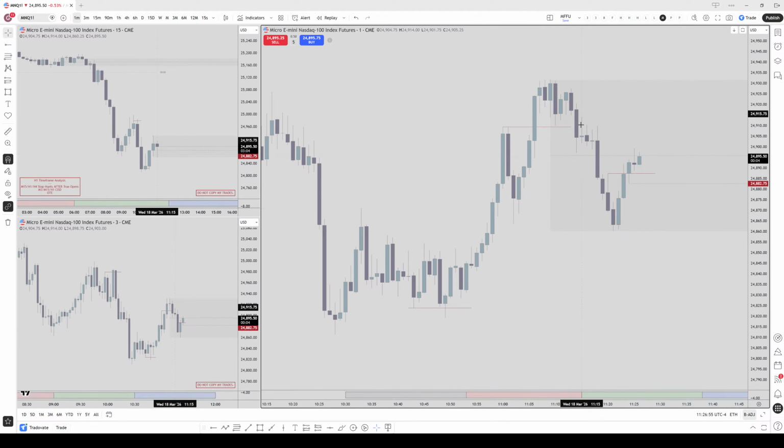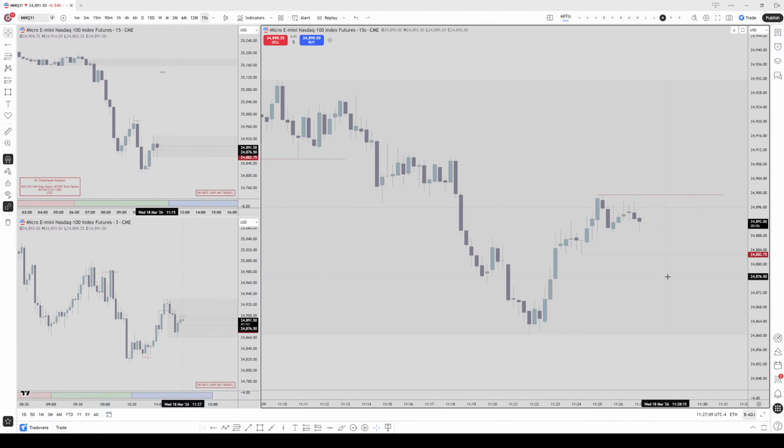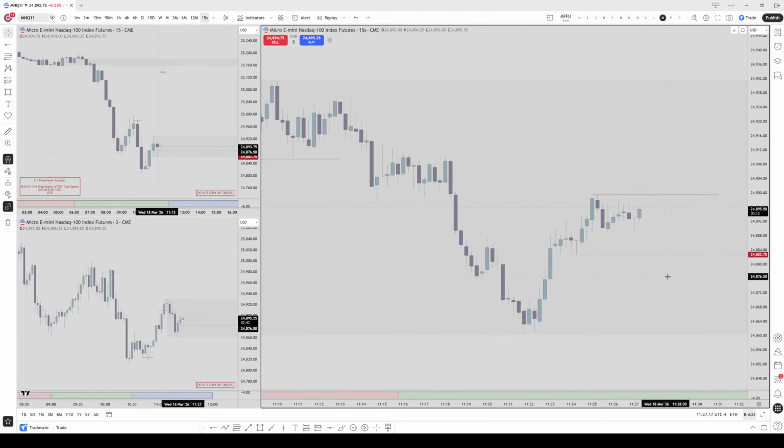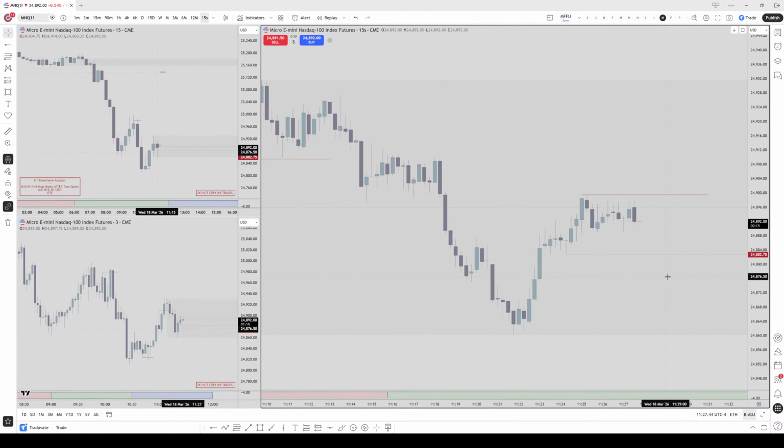Okay, now we have formed a 1 minute swing high. I'm going to drag this across. I want to see if price is interested to take out this high. Alright, beautiful.